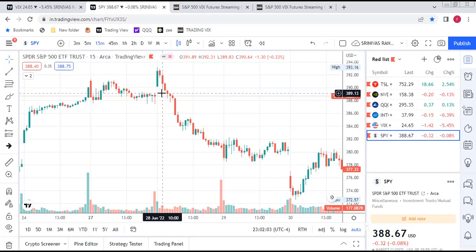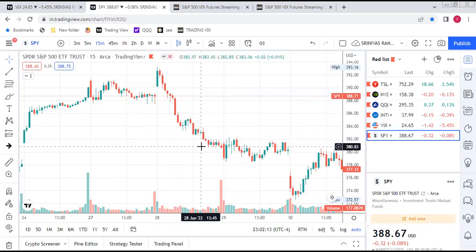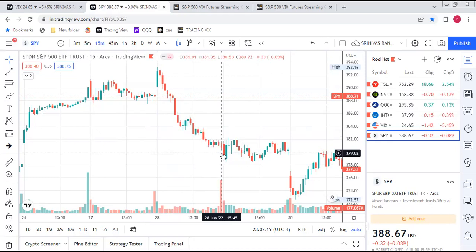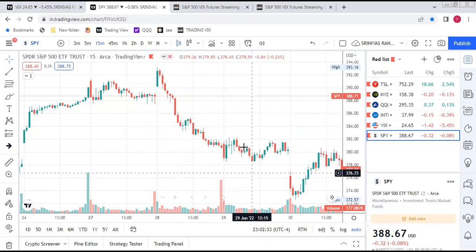If you trade the 386 put, and the same day it went down to 380, the real value is something around $4, no sir? Right. This is the main advantage of this one.